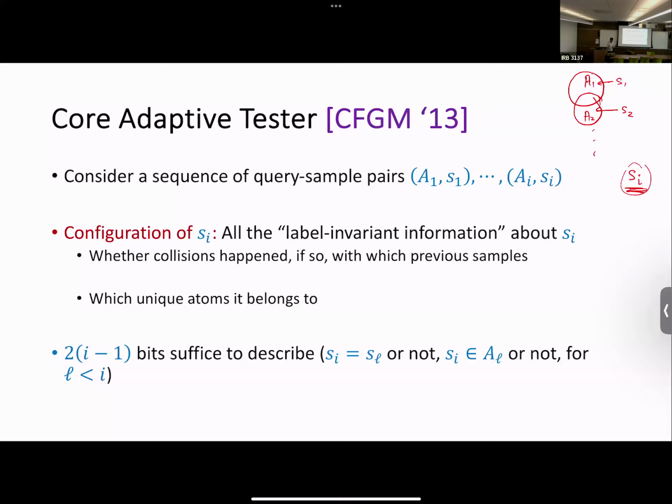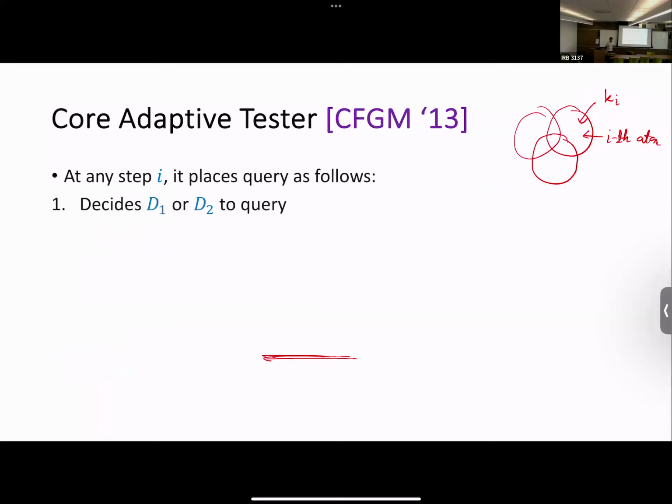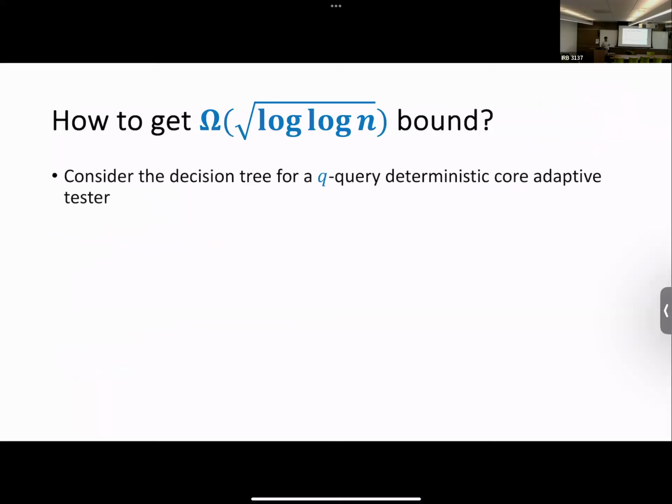And now since the configuration we can encode using twice i minus 1, which is basically at most twice Q bits because these are Q query algorithms. So then, how many possibilities are there at each node? It is essentially 2 to the 2Q. So that already gives us a bound on the arity of each of them.